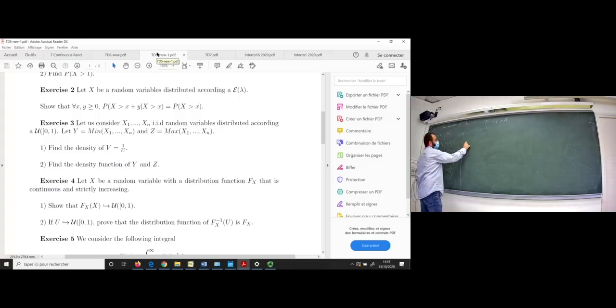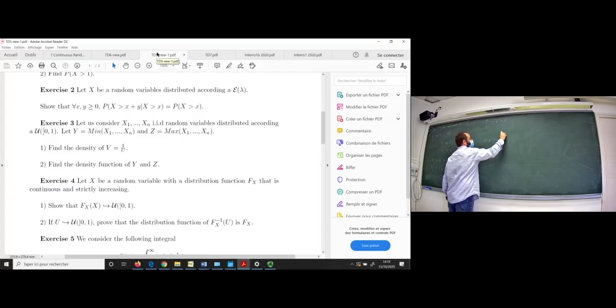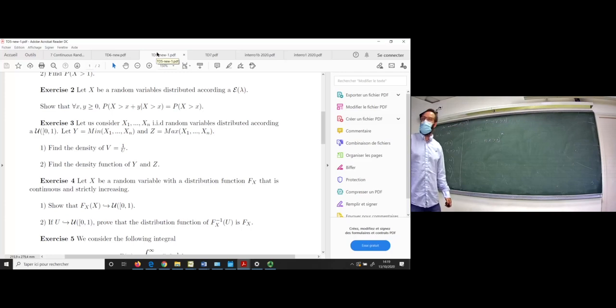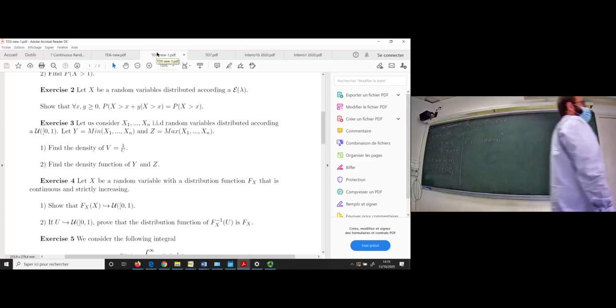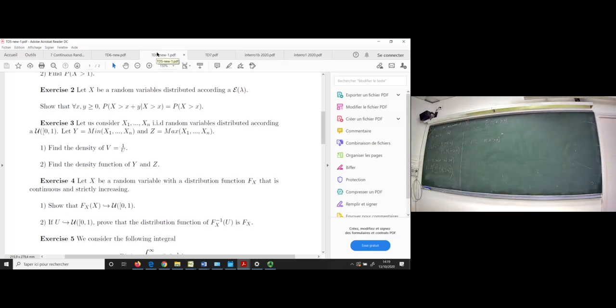So I can write this as 1 minus the probability that x1 is strictly greater than x to the power n. I can write it this way, because all these terms are equal to the probability that x1 is strictly greater than x. And now, the idea is to use the fact that I know x1 follows the uniform on the interval 0, 1. So, I don't know exactly what this one is, but I know the distribution function.